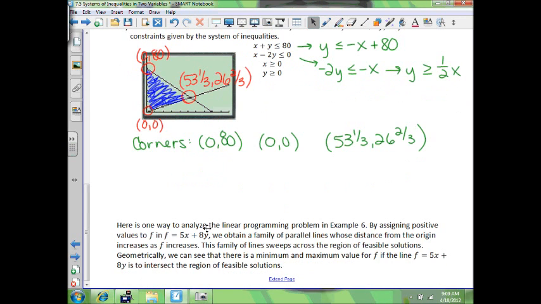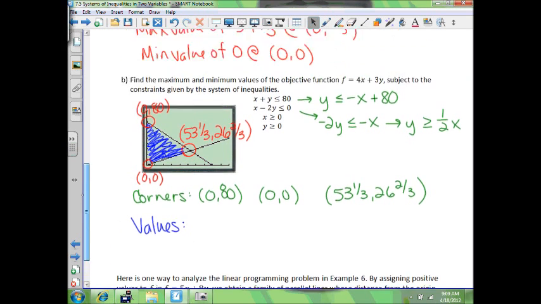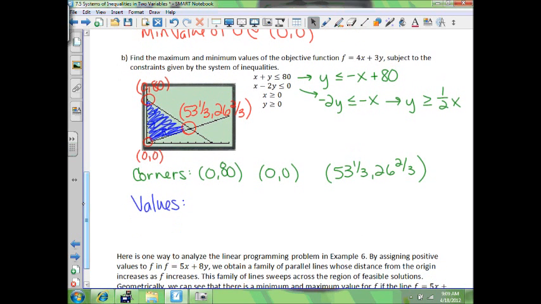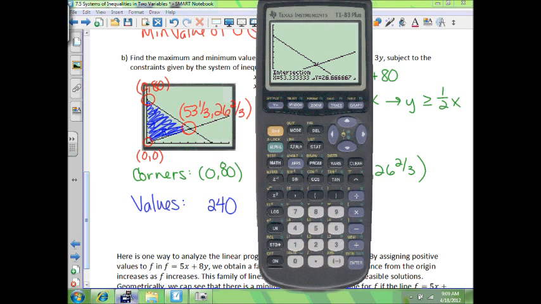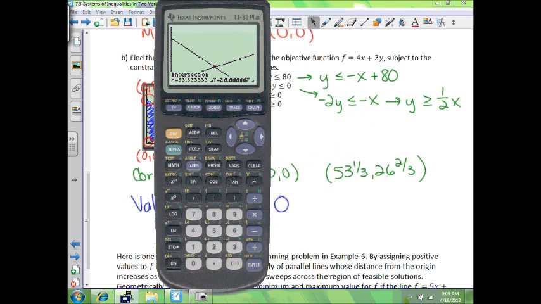Now we need to find values for these. So our objective function is 4x plus 3y. 4 times 0 is 0. 80 times 3 is 240. This one will be 0. And then we're going to take 53 1/3 and 26 2/3 and put it in there. So let's actually do that. Let's make these improper fractions first.